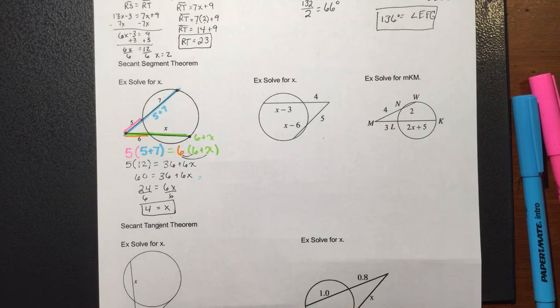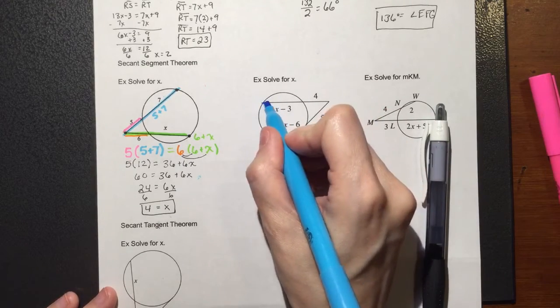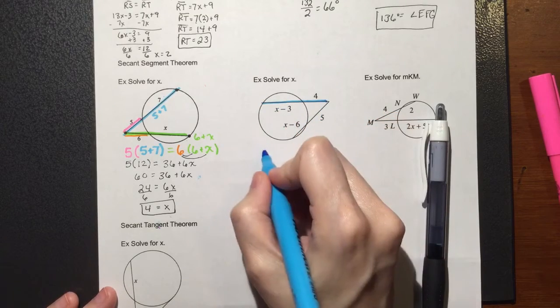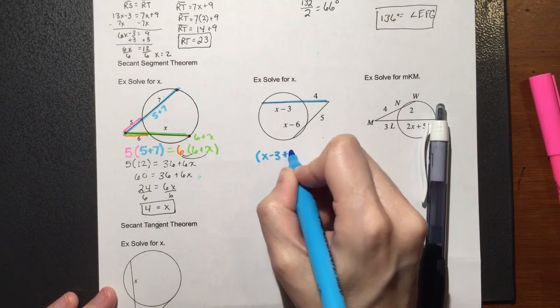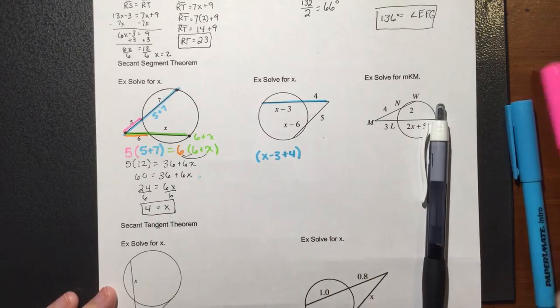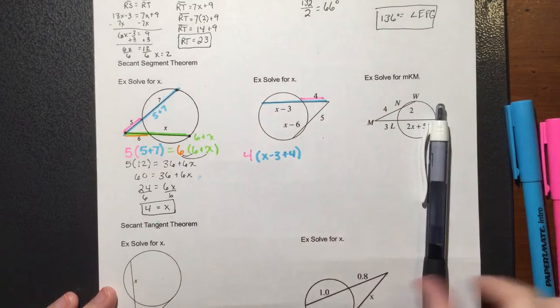Alrighty, looking at the next one. Here is our secant segment. So if we do the whole secant segment, we're going to have x minus 3 plus 4 times the external secant segment, which is just going to be 4.